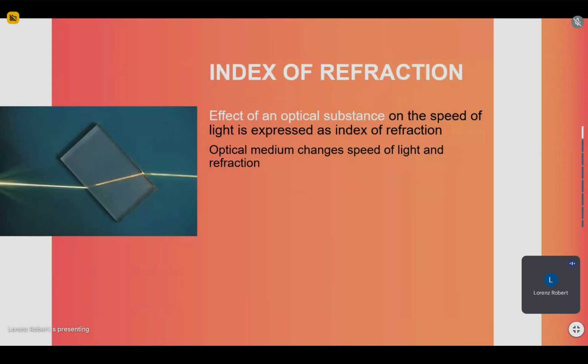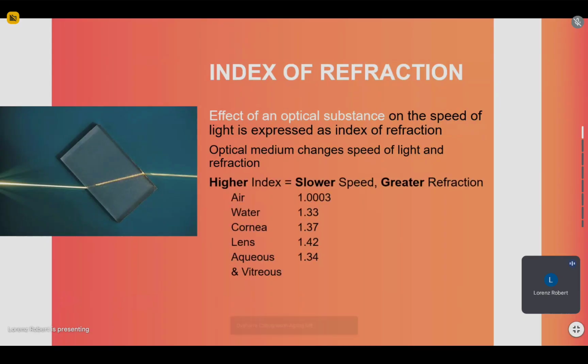A medium changes the speed of light, especially if the two interacting media have different refractive indices. The higher the index, the slower the speed. Air has a lower refractive index compared to water.